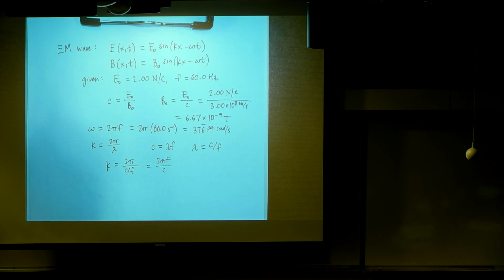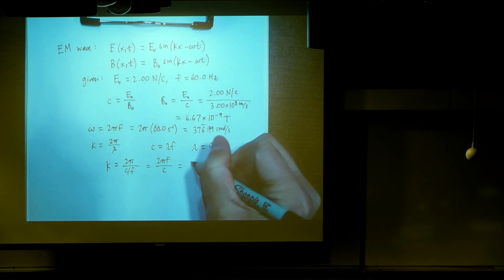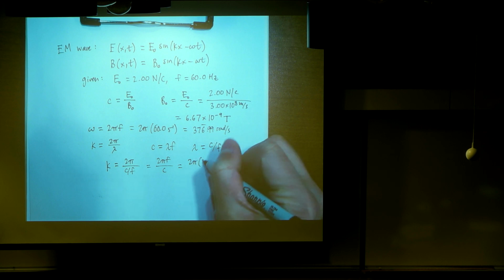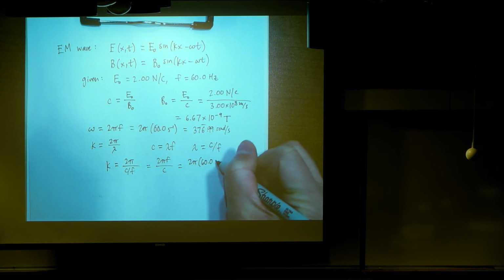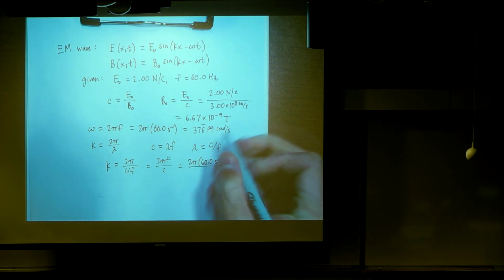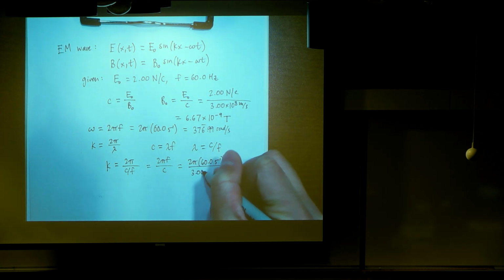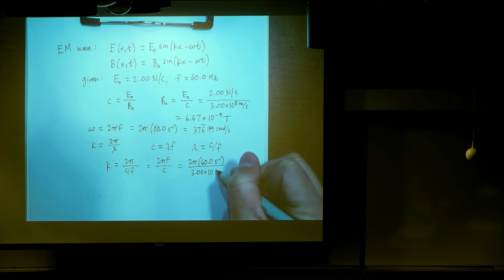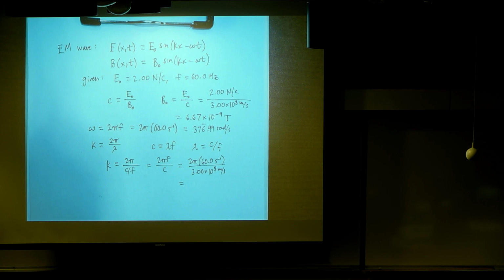So now we can just crunch the numbers. That's going to be 2 pi times 60 hertz, or inverse seconds, that's F, divided by C once again, which is 3.00 times 10 to the 8 meters per second. Okay? And that gives us our wave number K. What does that work out to, everybody?